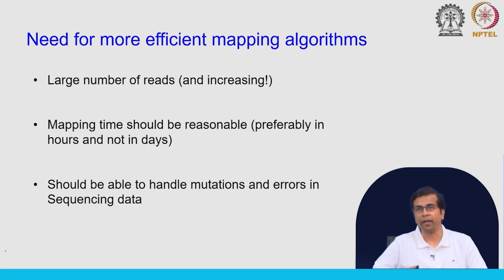These are biological variations that we observe in our samples, and also errors in the sequencing data. We talked about why the errors come and how these are generated for different technology platforms. So, these errors should also be taken into consideration. The algorithm should not be able to perform just matching perfect data. It should also be able to handle these imperfections.